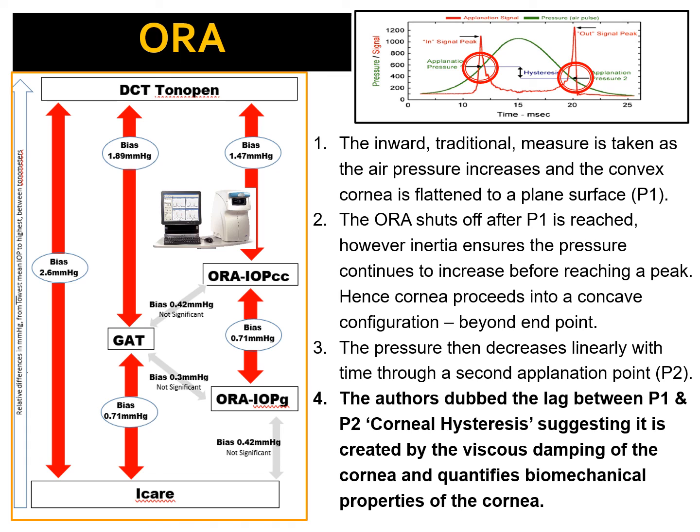So they have taken an observation of a machine and created a biomechanical, what I would call a quasi-biomechanical concept to be associated with it. And then they're putting importance on that reading as a measure of corneal biomechanics. Something which I have to say I question.